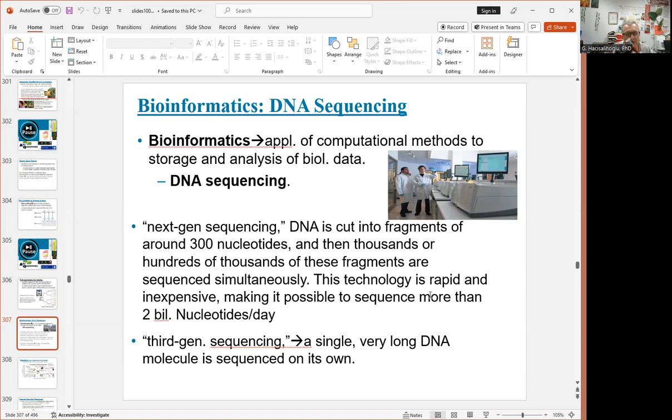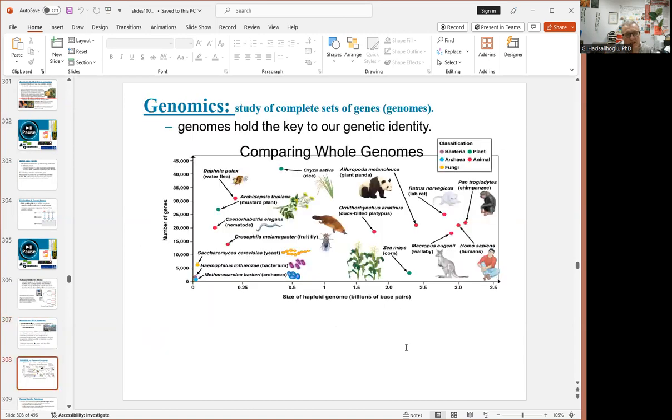Now there is a technique called next gen sequencing, which can cut DNA into fragments of 300 nucleotides and then sequence hundreds of thousands of the fragments simultaneously, and sequence more than 2 billion nucleotides a day. And then there's third gen sequencing, where a very long DNA molecule is sequenced on its own. So these are some new bioinformatic techniques.